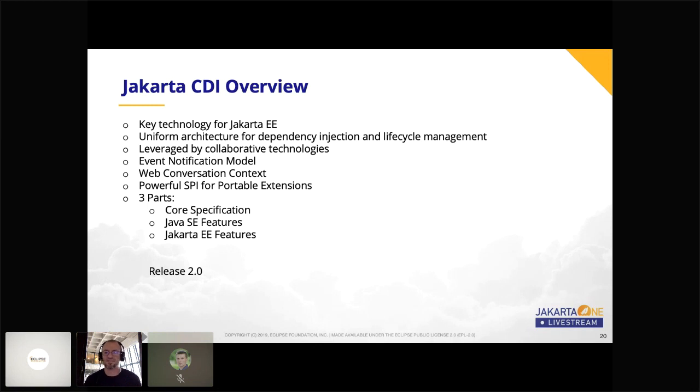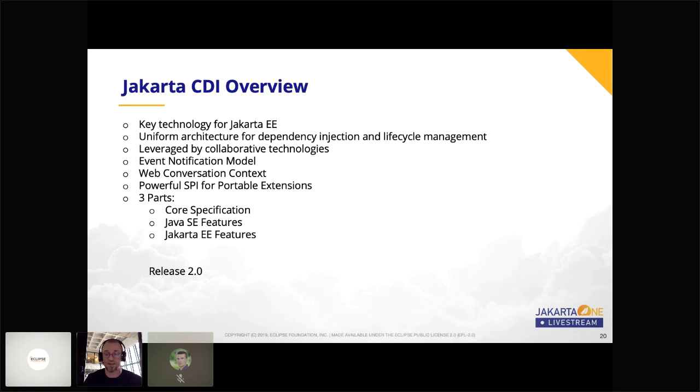So it also has a sophisticated type-safe dependency injection mechanism, including the ability to select dependencies at either development or deployment time without verbose configuration. Support for Jakarta EE modularity and the Jakarta EE component, integration with the Unified Expression Language, or EL, the ability to decorate injected objects, and the ability to associate interceptors to objects in type-safe interceptor bindings.